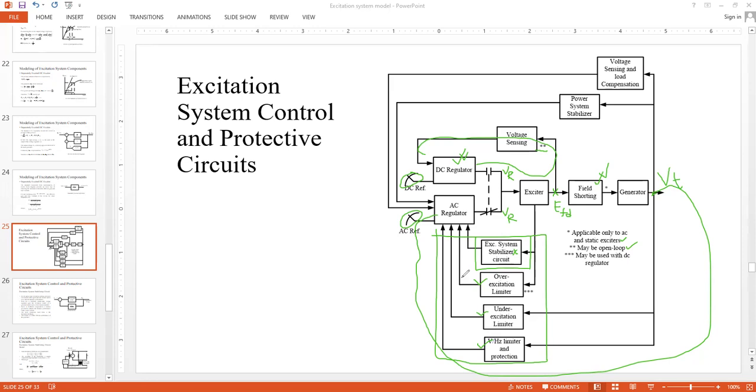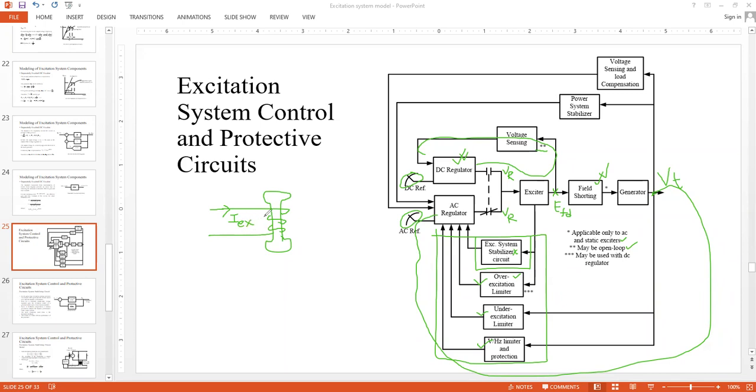What is the problem of over excitation? Can anyone mention? Let's say you have the rotor core for a synchronous machine. This is the field coil. Then you know the maximum excitation current, let's say I exciter. You know the limit for that.